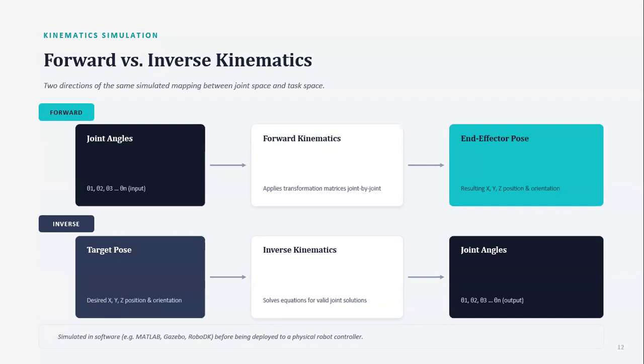Forward kinematics determine the end effector position from known joint angles. Inverse kinematics calculates the joint angles required to reach a desired position. So these calculations are very important in robot programming and are extensively tested using simulation software before implementation on physical robots.